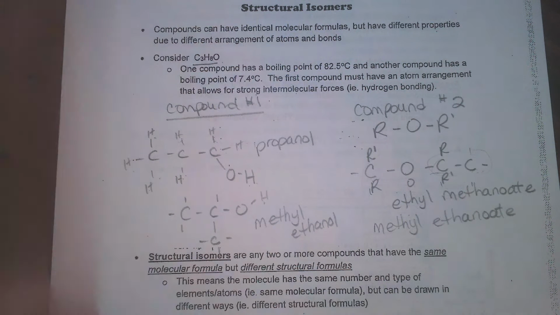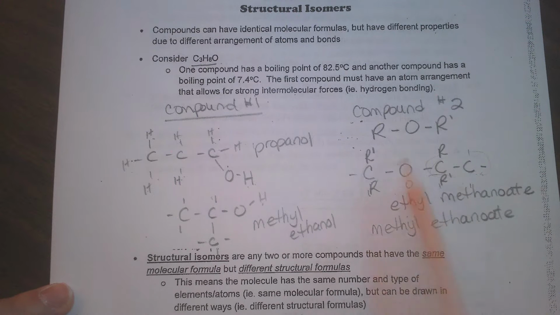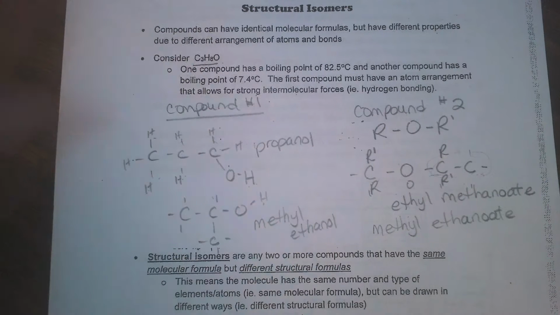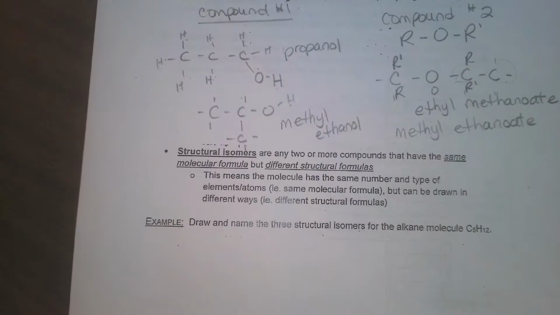Okay? So it doesn't matter. These all have 3 carbons, these all have 1 oxygen, and these all have 8 hydrogens. So, structural isomers, where we have 2 or more compounds that have the same molecular formula but different structures.